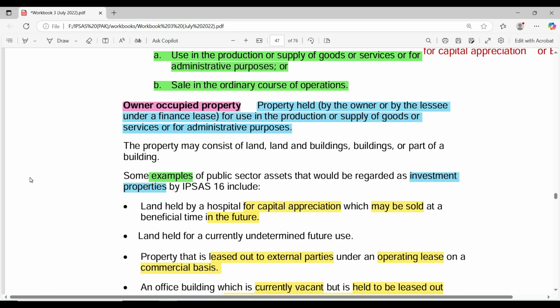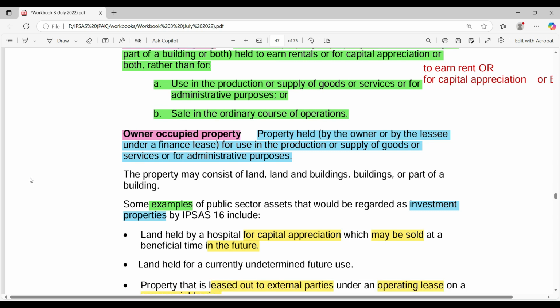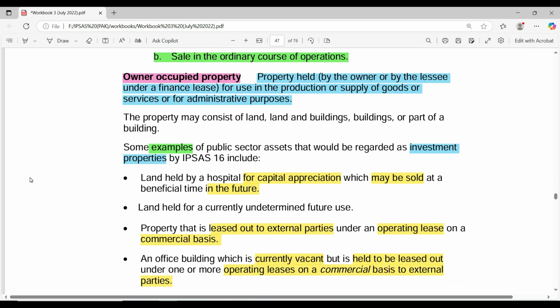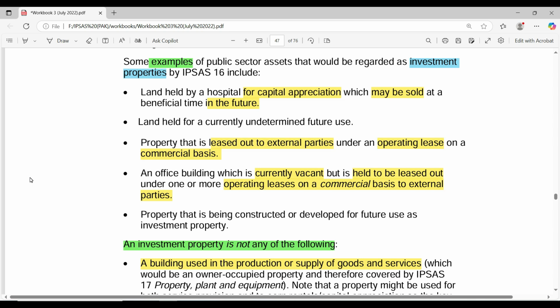Some examples of investment properties. As we discussed above, investment property is for earning rent or capital appreciation or both. So here are the examples highlighted in yellow color. Land held by a hospital for capital appreciation which may be sold at a beneficial time in the future. Similarly, property that is leased out to external parties under operating leases on a commercial basis.